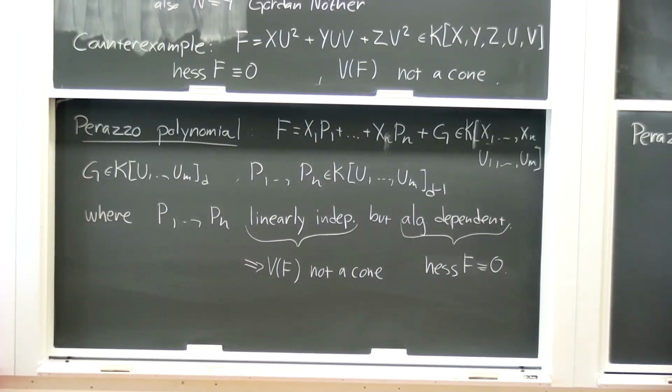Let me just write like this. So I'm going to denote them like this, and by this I mean the quotient of the polynomial ring modulo the annihilator ideal of f, where f is a Perazzo polynomial.